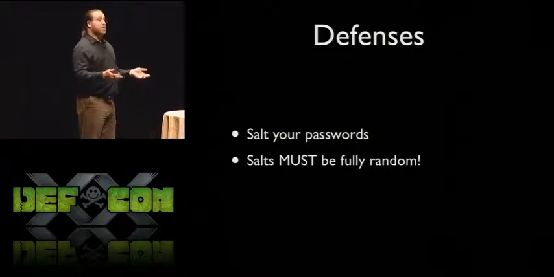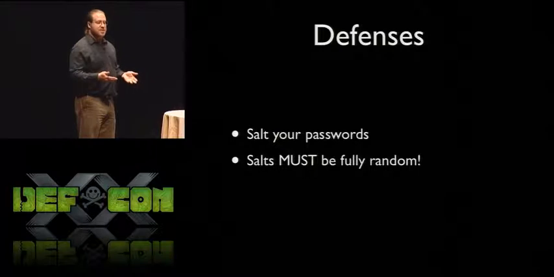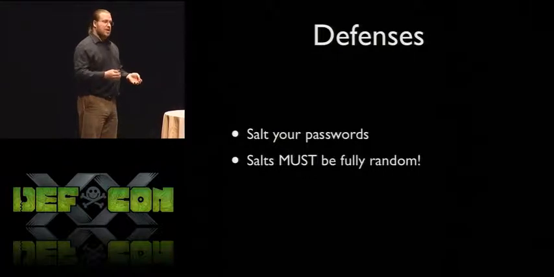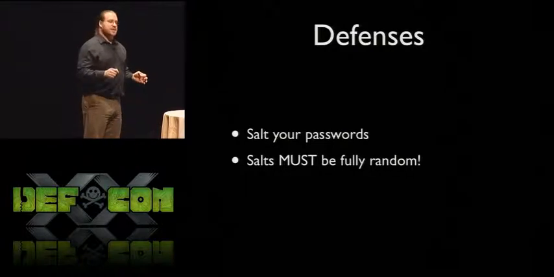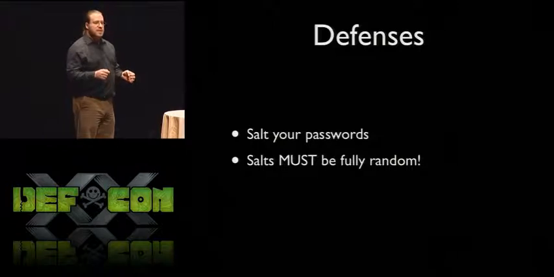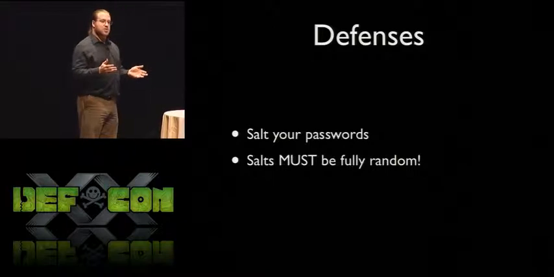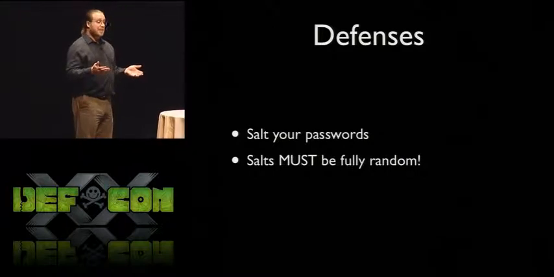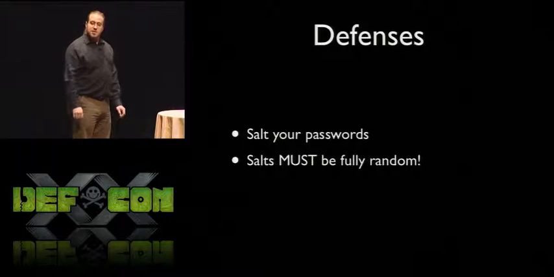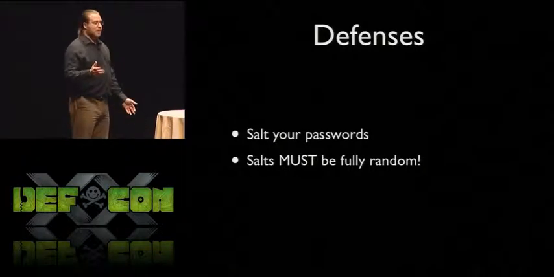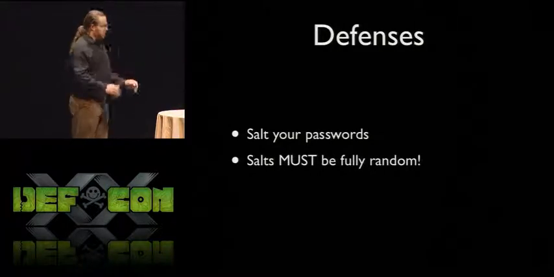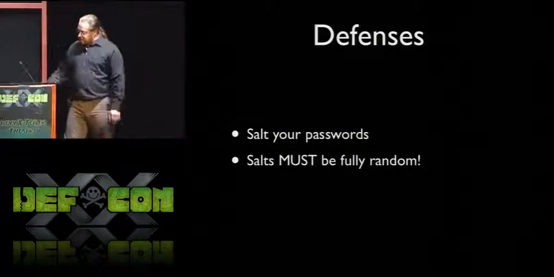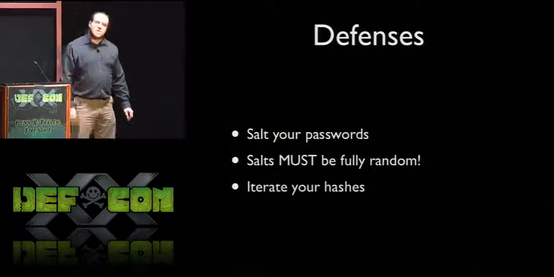If I have, let's say, about 7 million salted hashes instead of 7 million unsalted SHA-1, I'm slower by a factor of 7 million, assuming that people haven't done something silly and use a small salt space. Because in the past, people have salted passwords with very small salts, say 2 digits. That's great, except there are only 100 unique salts. So that means I'm slowed down by a factor of only 100, even if there's 100,000 users. Use big salts.